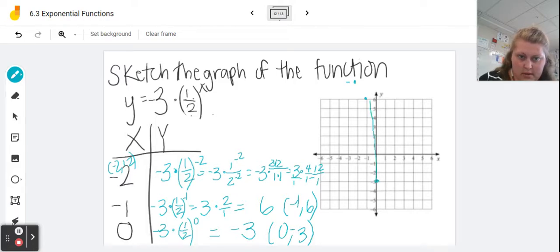So I'm going to connect them. It would be better on a real graph because then you would understand what I'm trying to do, but it doesn't look as good. Oh my gosh, and I can't draw a straight line now. There we go. So this is how it falls down that way.